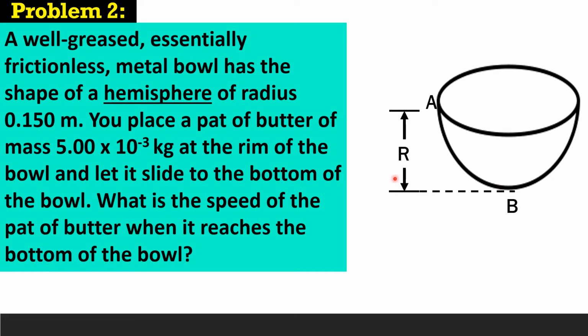It must be the vertical height that separates the two points, the rim of the bowl and the bottom of the bowl, and that is labeled here as R, which happens to be also the radius of the bowl. So that is our second problem. Let's look at the solution in the next slide.